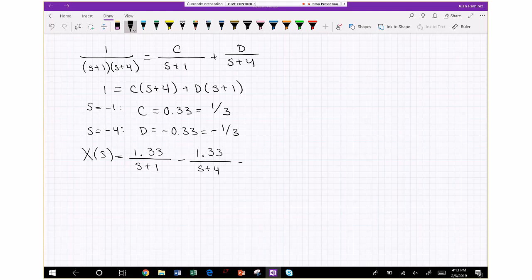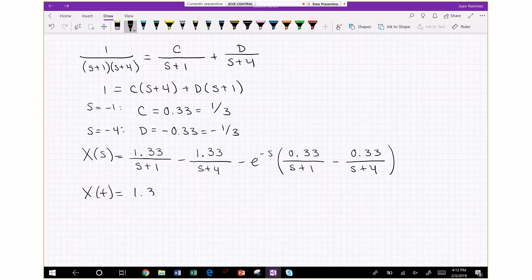Let's not forget the time shift, e to the negative s, but then that's multiplying by value of c and the value of d. And when we do that, you could then do the inverse Laplace transform using the tables for each individual term.